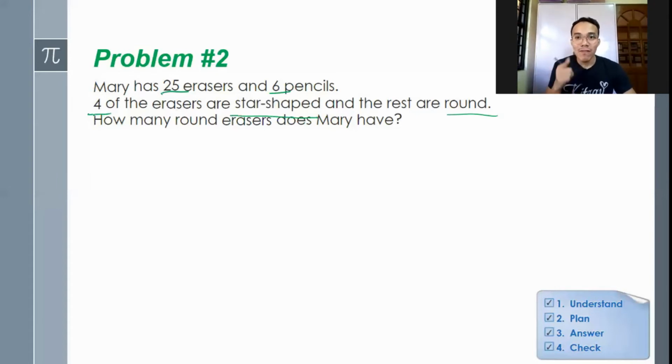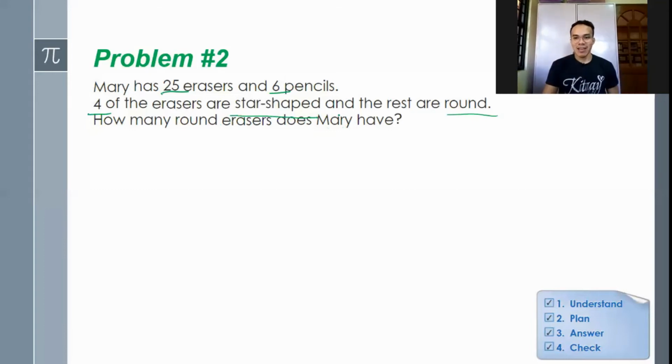How many of these erasers are round shaped? It says here the rest are round, so we still have to find the number of round erasers. And in fact, that is what we are going to look for in the problem, because the question says, how many round erasers does Mary have?